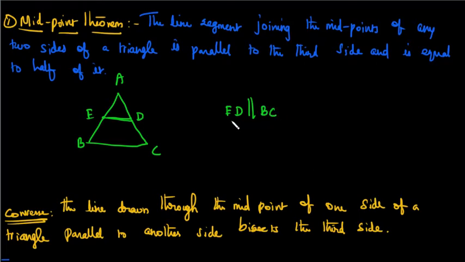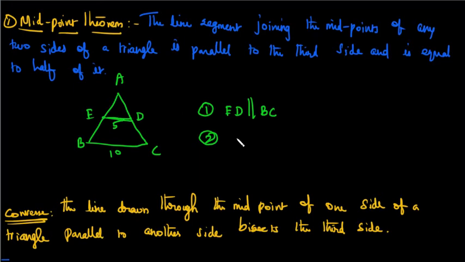You take any triangle, you connect the midpoints of any 2 sides, and that will be parallel to the third side. This is one property, and another property is that it is equal to half of it. That means if it is 10, it will be 5. So this is half of it.